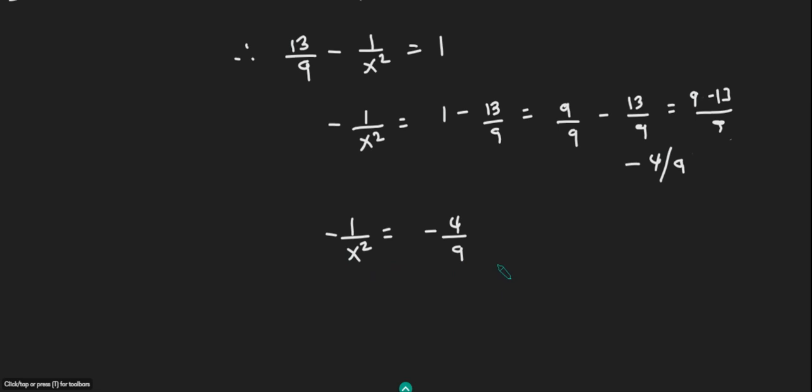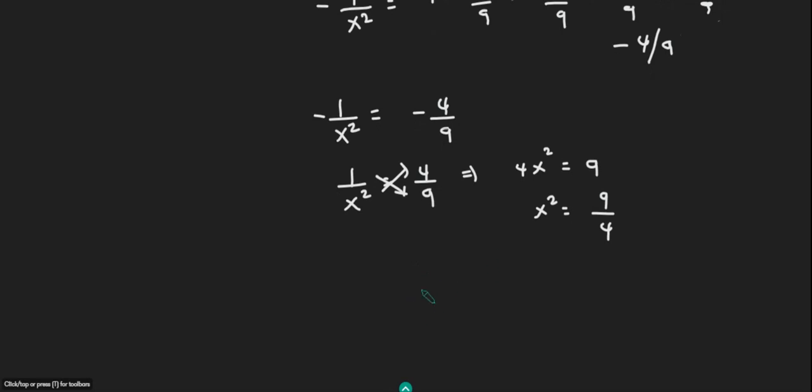Let's multiply both sides by negative 1. So therefore, we will have 1 over x squared equals 4 nines. We can do the cross multiplication. So we get 4 times x squared equals 9 times 1, which is 9. Let's solve for x squared first, which is x squared equals 9 fourths. And so we take square root on both sides.